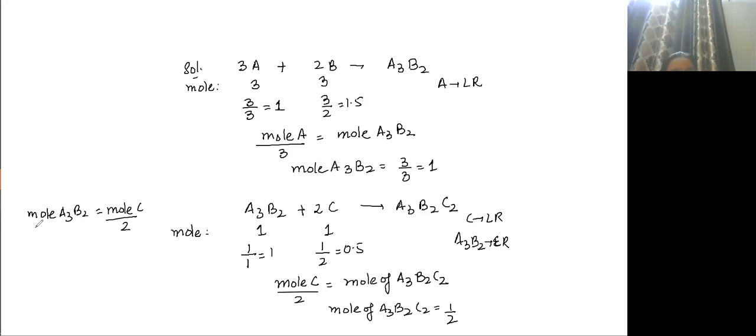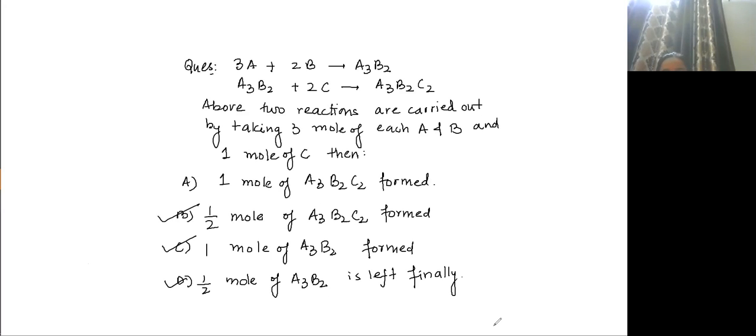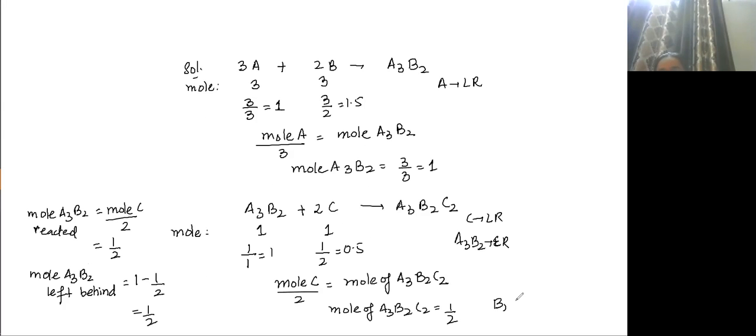So the moles of A3B2 that reacted will be equal to half. Total mole is 1 and only half is reacting, so half will be left behind. So option D is also correct. So correct option is B, C, D.